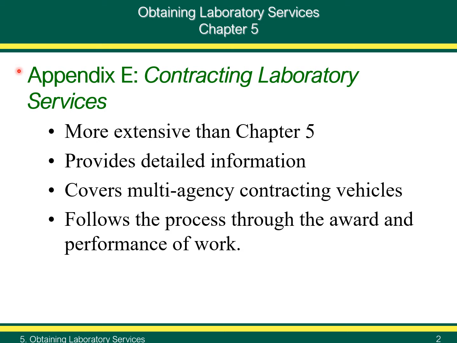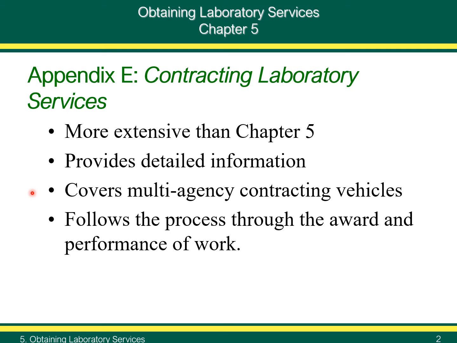Appendix E addresses similar topics, but it does so more extensively than Chapter 5. It includes topics such as multi-agency contracting vehicles, the process for solicitation of work or the request for proposal.